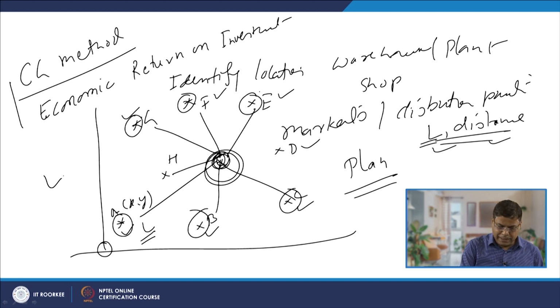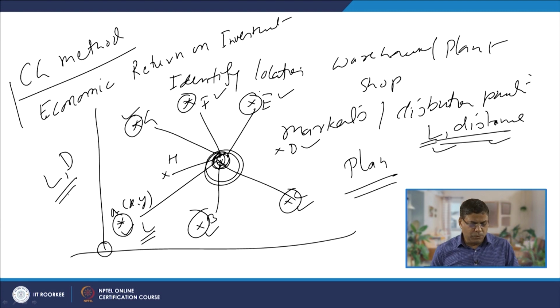So, both L and D are used to consider the weight of each location, and with respect to that weight, what will be the center of gravity of such a two dimensional plan, where if we locate our warehouse, plant or shop, then load and distance to be travelled will be minimum.